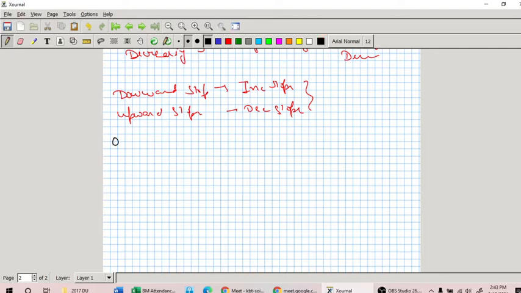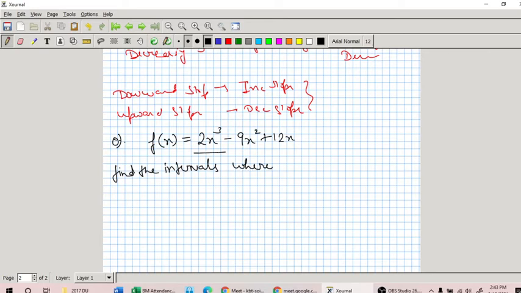Now suppose there is a function given as 2x cube minus 9x square plus 12x, and we need to find the intervals where this particular function is increasing or decreasing.